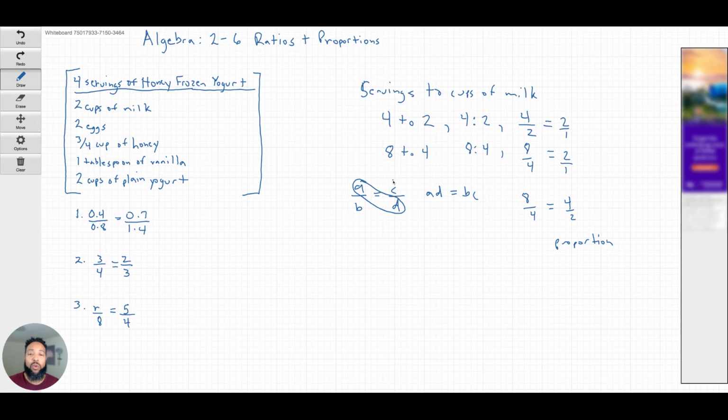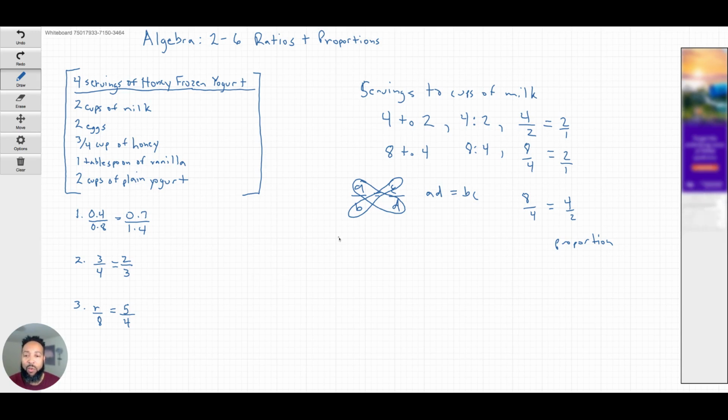I just multiplied the A times the D equals the B times the C. That's called cross multiplication. So this is a way to find out if ratios are proportional to each other.